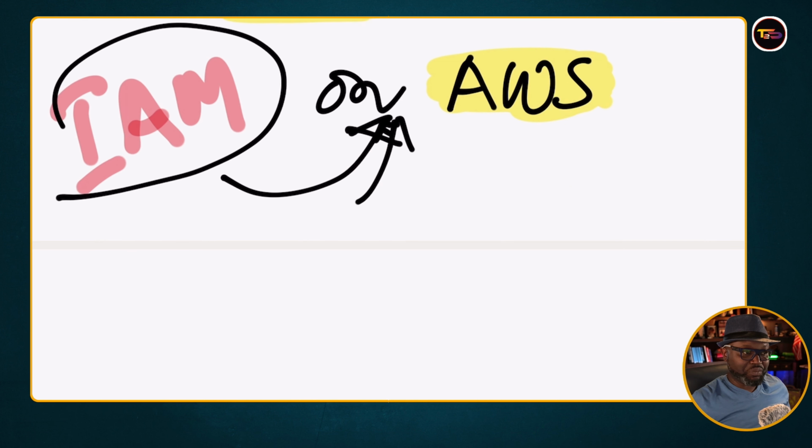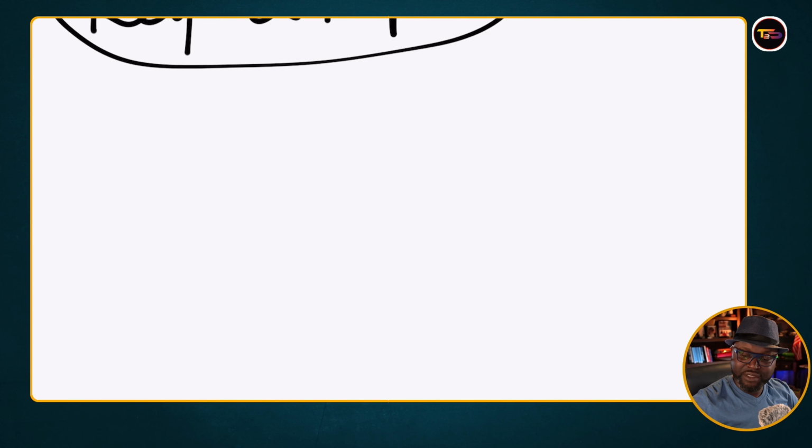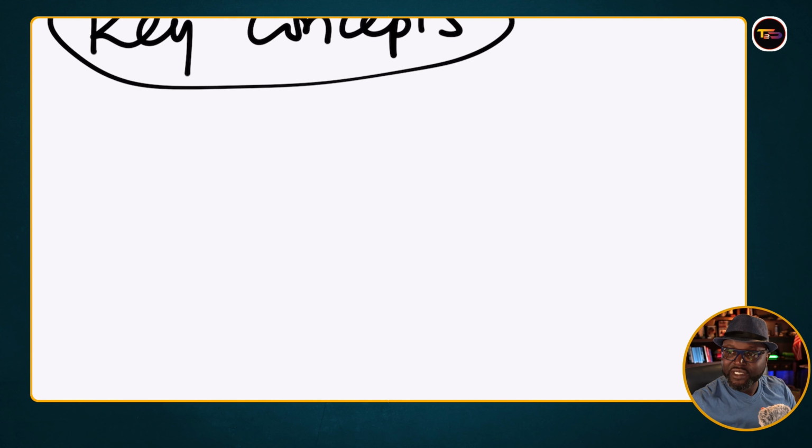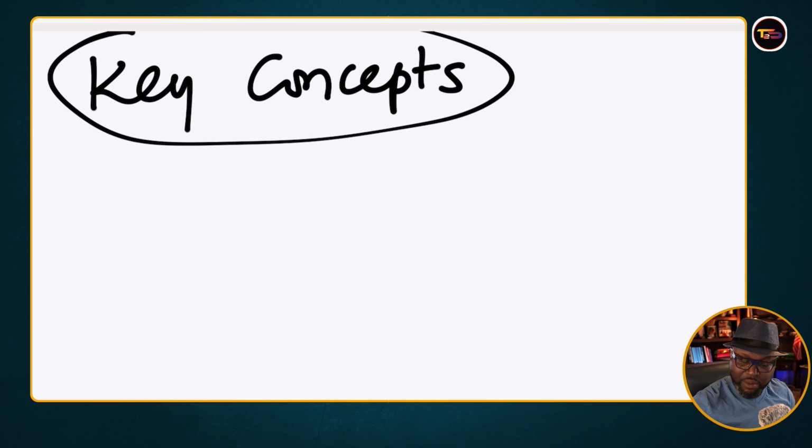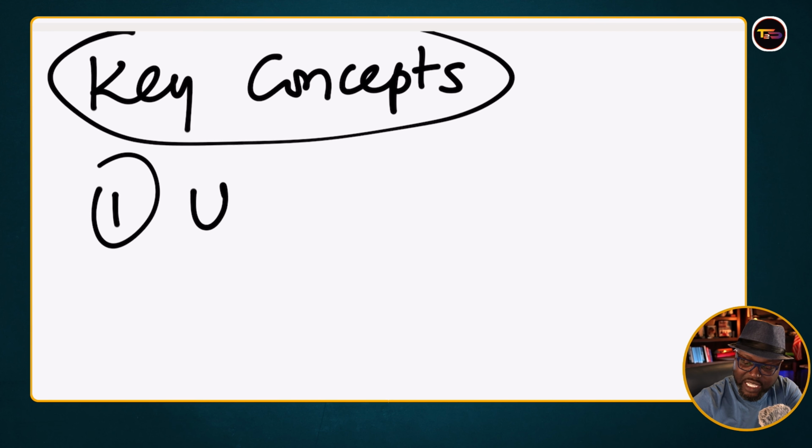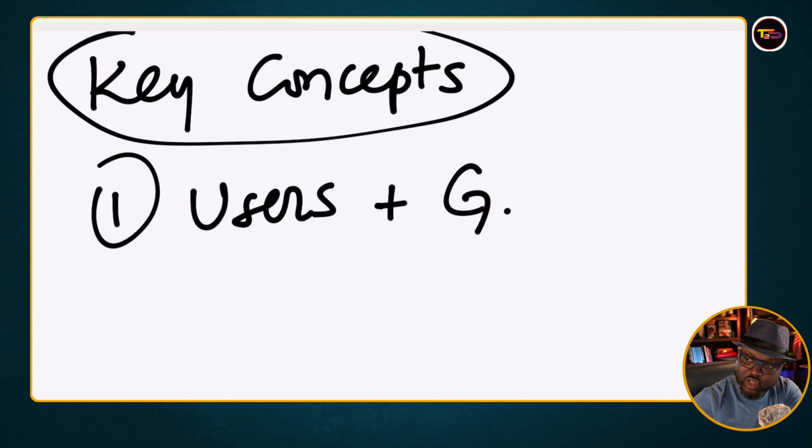But now, let's talk about the key concepts of IAM. I would say I'll group them into 5. So number 1, IAM helps you create users and groups.